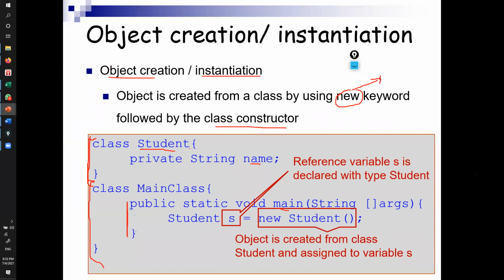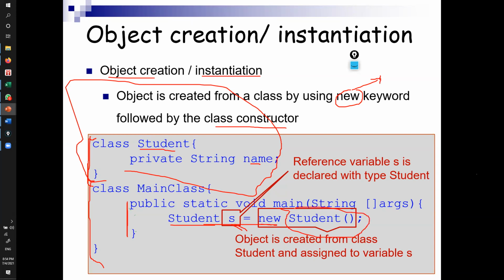So to be able to use anything defined in this class, I need to create an instance of that class. So that's why we see I'm declaring something of my class type, and I give it a simple name like S, whatever. Then I make a call to the new keyword. I make a call to the constructor of my class.